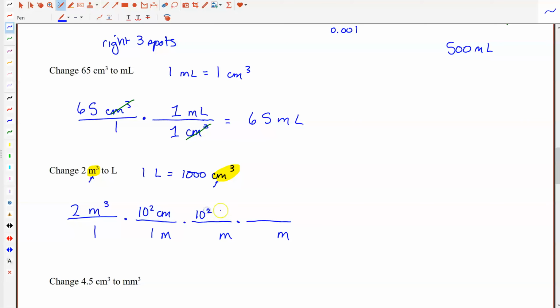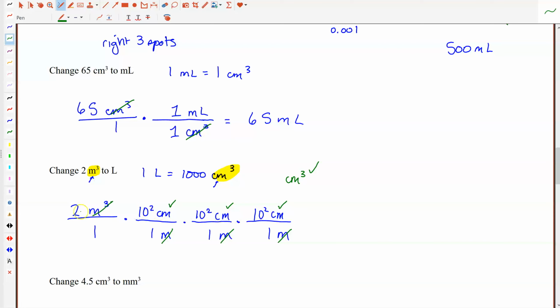So I'm going to use, and you could write out 100, I'm going to use the 10 squared to finish writing out my conversion factors. So 10 squared centimeters in 1 meter. Now, at this point in time, my cubic meters will cancel with the 3 meters I have in the denominator. And then my ending units, I have centimeters here, and centimeters here. So putting those together, you get cubic centimeters. All right, so we're good in terms of having my units in cubic centimeters.